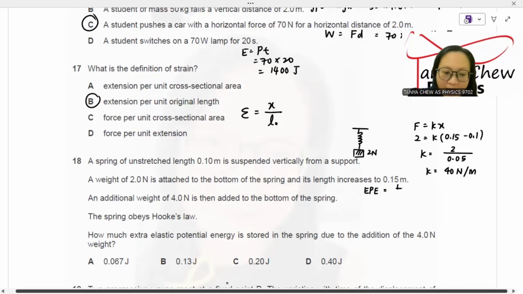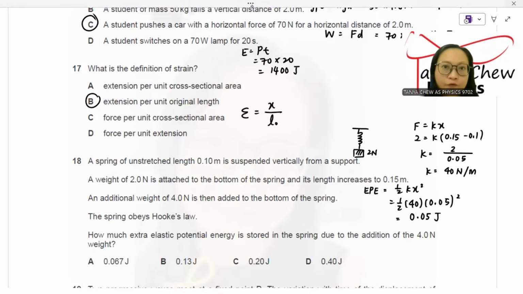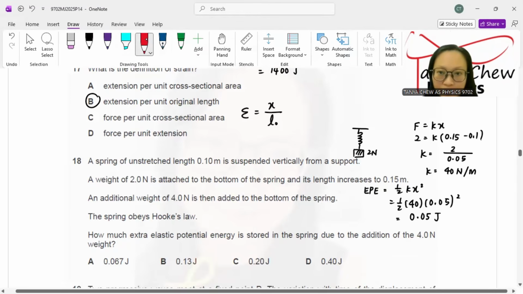So I'm going to use half kx squared. Half k is 40, extension is 0.05. I square it and I got 0.05 joules initially.